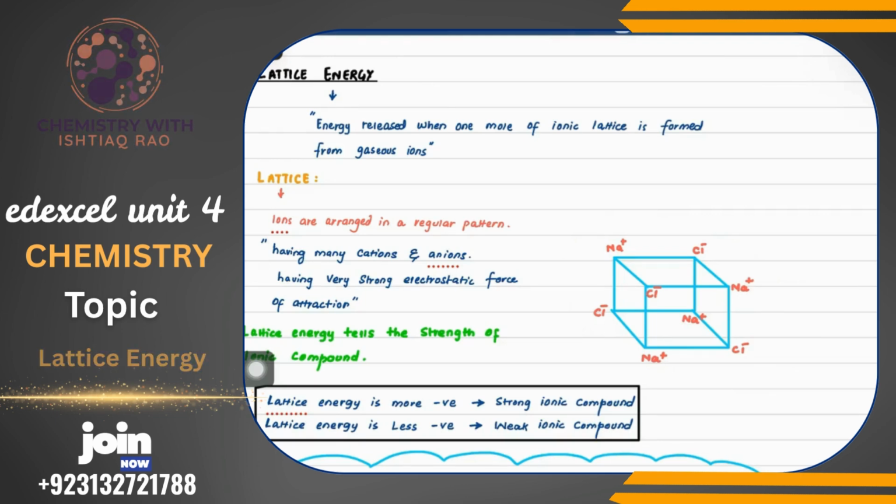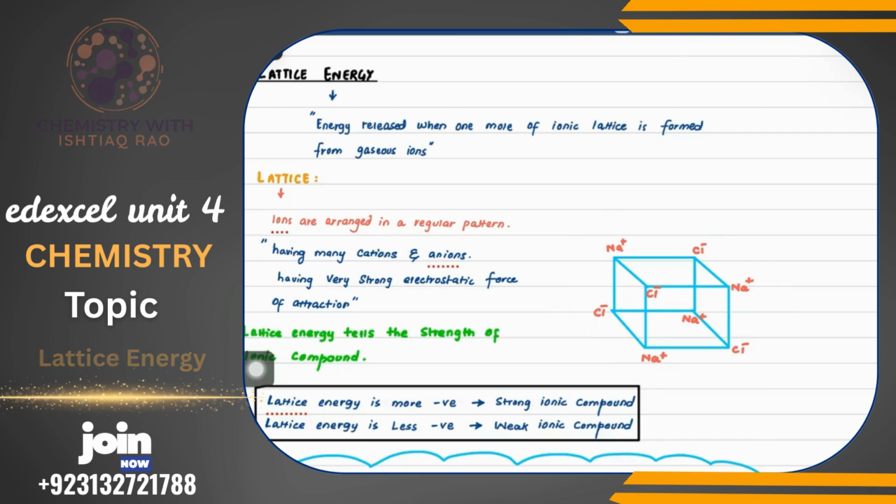And also, why do we discuss lattice energy? We have to discuss the strength of an ionic compound, which is stronger and which is weaker. Like we knew before, strength depends on two factors, charge and size.